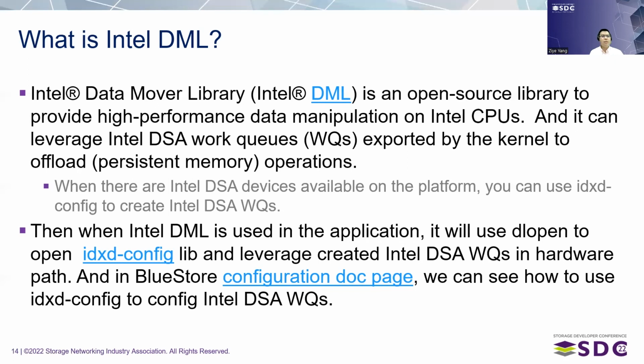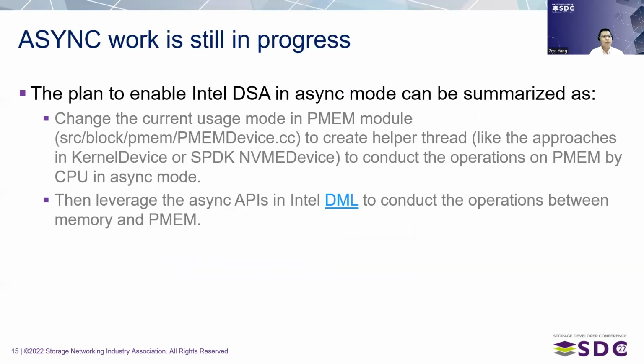Then when Intel DML is used in an application such as Ceph's OSD process, it will use dlopen to open the libaccel-config library and leverage the created Intel DSA work queues in hardware paths. And in the BlueStore configuration doc page, we can see how to use accel-config to configure Intel DSA work queues.